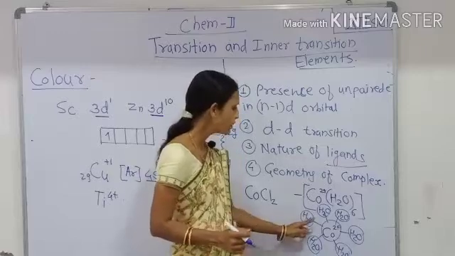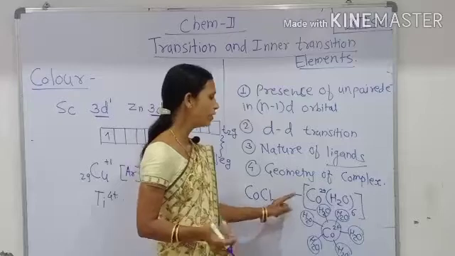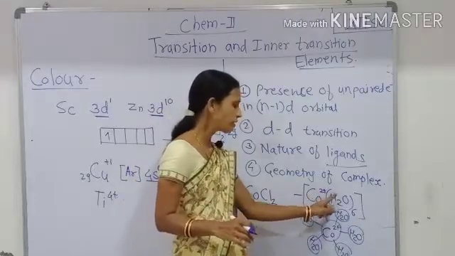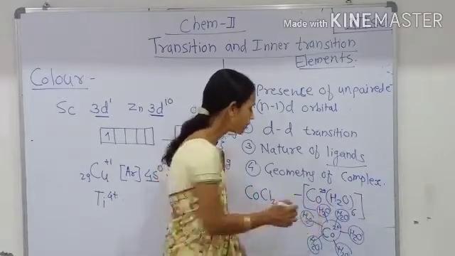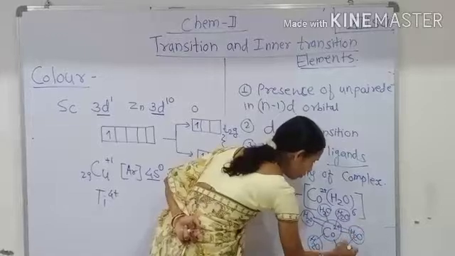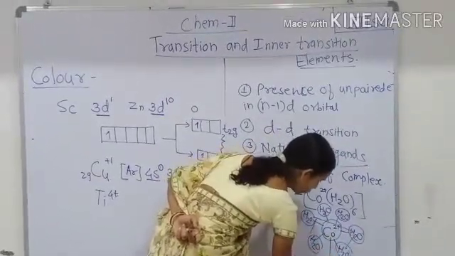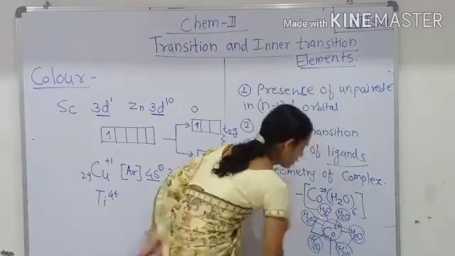That means the geometry of this complex, when cobalt chloride is dissolved in aqueous medium and Co2+ ions are surrounded by 6 water molecules, is octahedral. All of you are aware of the octahedral geometry of compounds.